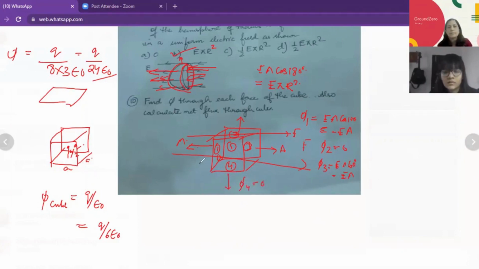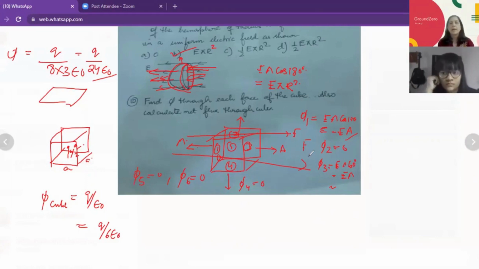Fifth one, 0. Sixth one, 0. So now what's the net flux? 0. Because this is minus EA and this is plus EA, right? So the net flux is 0. This is like any closed figure, right? If it is a symmetric figure, then the net flux is 0.